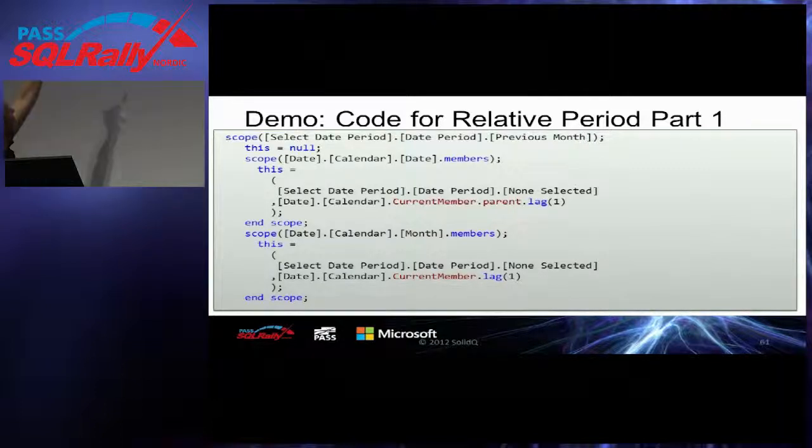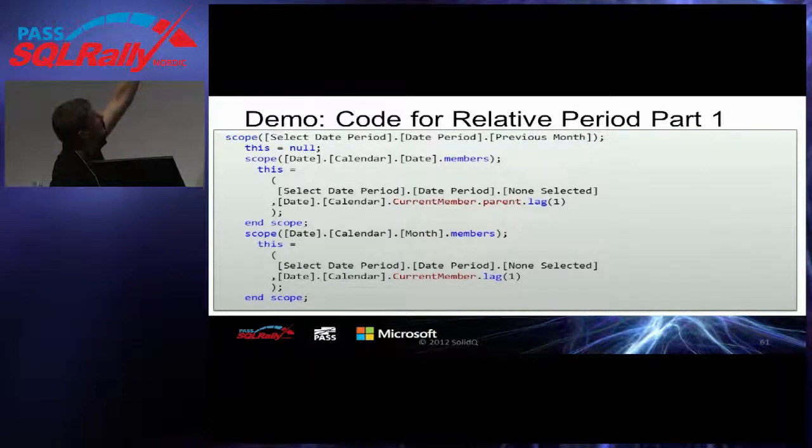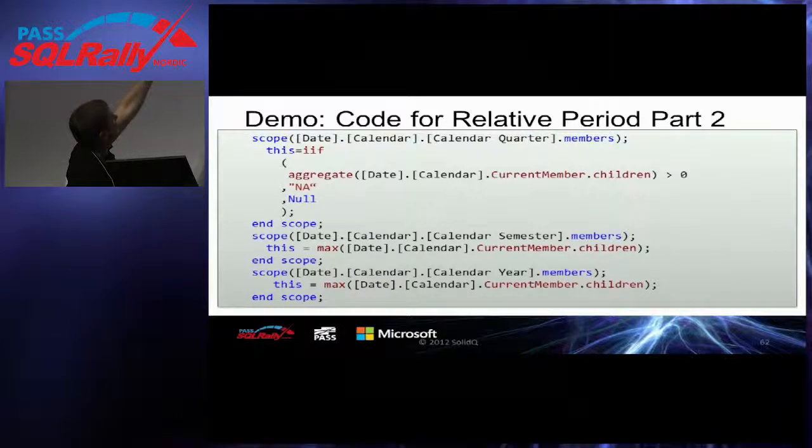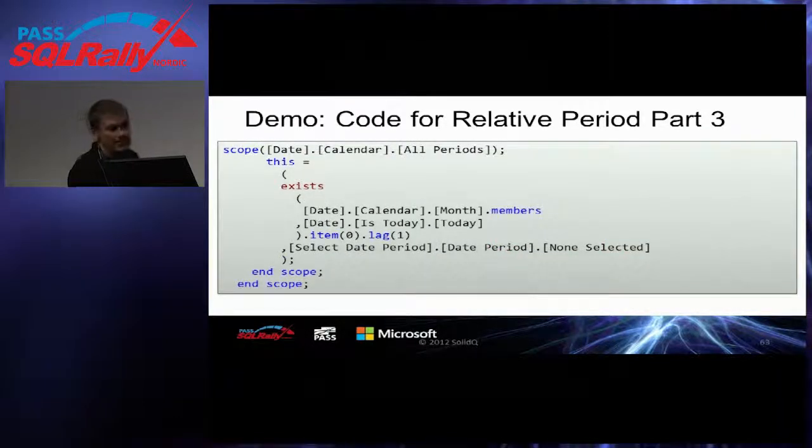In this code, I'm initializing to null. If I initialize the whole thing to null, that really wouldn't be necessary. But then I start with date.members, and then I do the month.members, and then quarter.members, semester.members, year.members, and finally all periods.